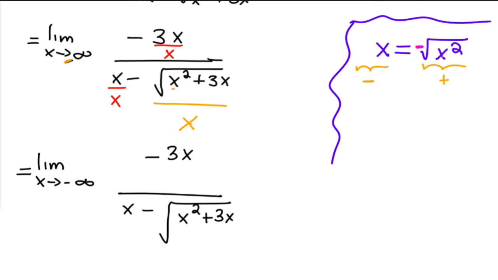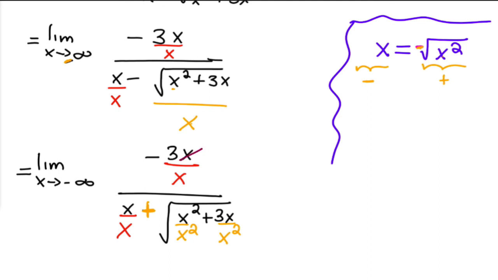Okay, so I'm going to divide this guy by x again, this guy by x again. And then this guy, I can divide it by x squared as long as I put a negative on the outside, which means that this negative is going to be changed to a positive. So you have to be really careful, because it changes the answer of this one significantly.